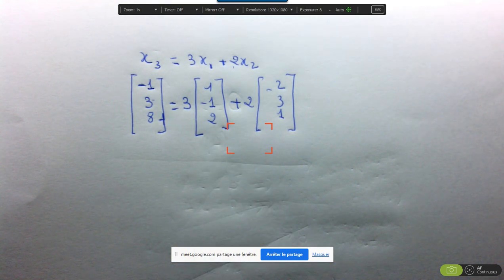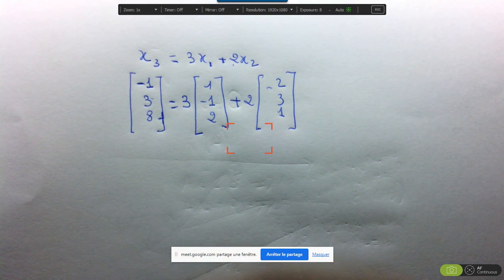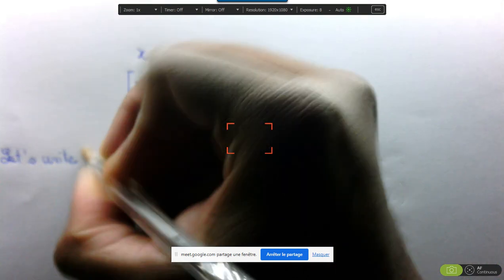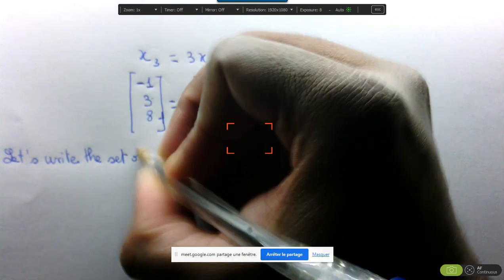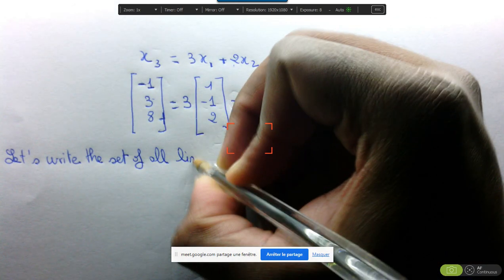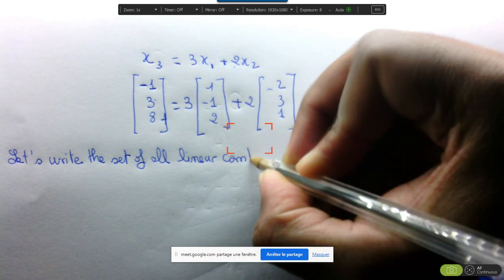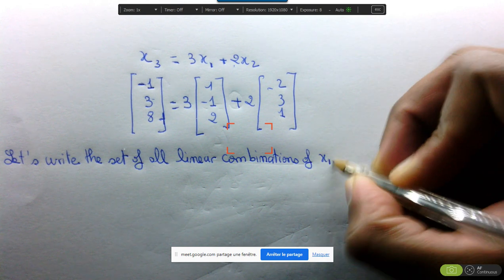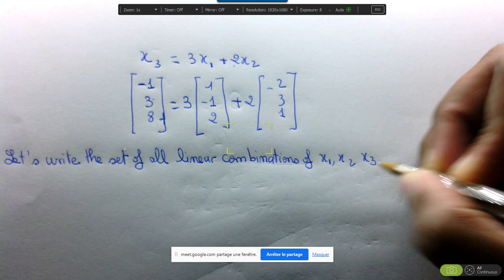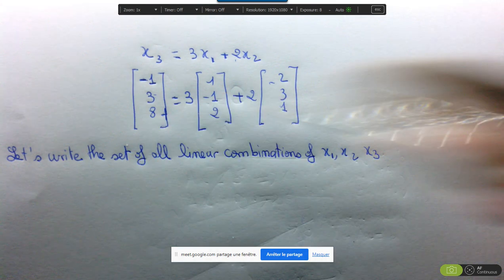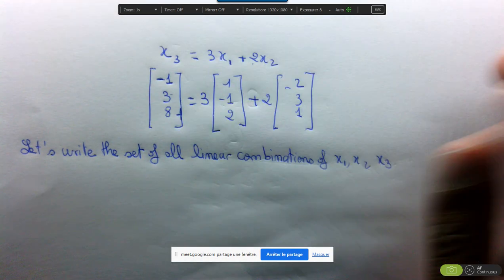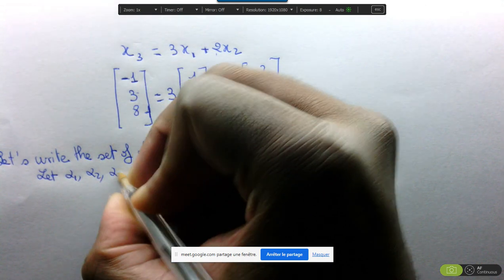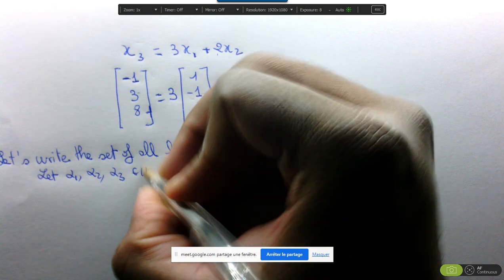So let me write the set of all of the possible linear combinations of x1, x2, and then x3. So I need to consider some coefficients. Let alpha 1, alpha 2, and alpha 3 be real numbers, scalars.